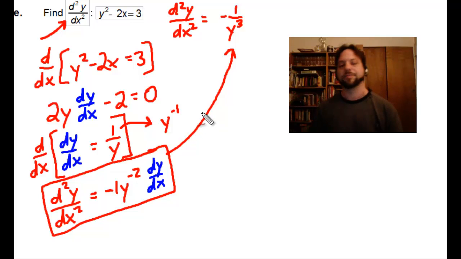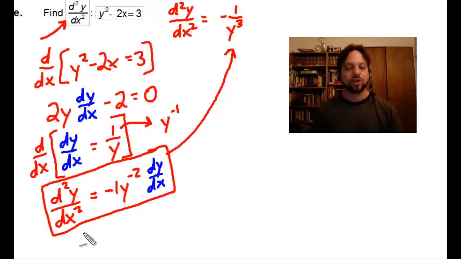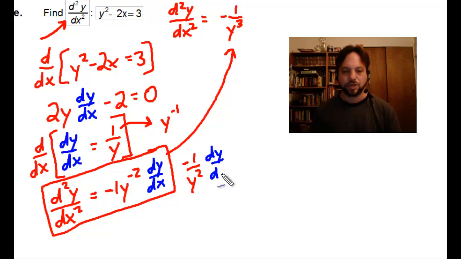Where's the disparity? Well, go back to your procedure for implicit differentiation and look at step 4, because we're going to use that now. If we look at our second derivative equation here, which I'm going to rewrite as negative 1 over y squared dy dx, do we know what y or dy dx is?